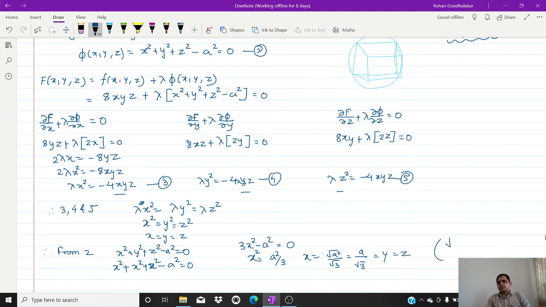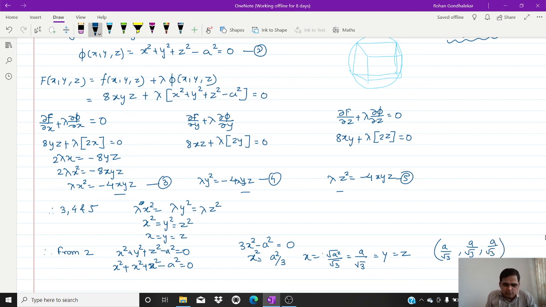So our stationary point is a upon root 3, a upon root 3, a upon root 3.